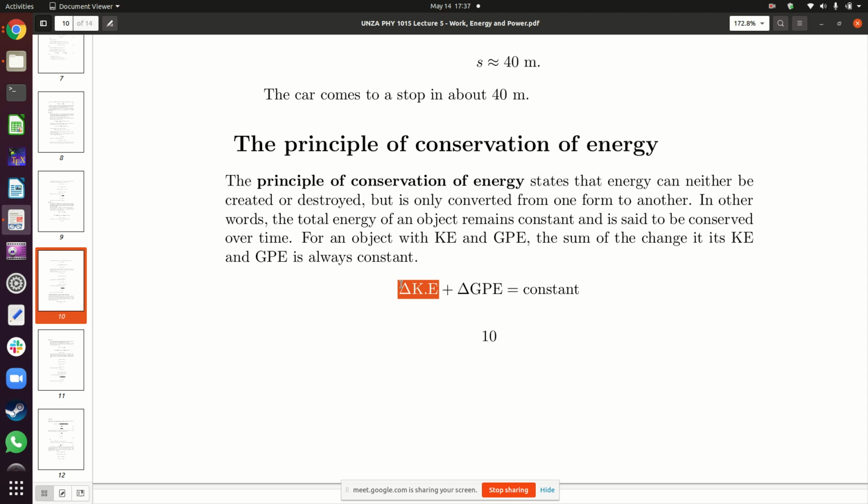Does the kinetic energy of an object sliding on a table just disappear? No, it's not allowed to disappear. The kinetic energy is converted into another form of energy. Since the table is flat, it cannot be converted into gravitational potential energy, but it is converted into what is known as heat.